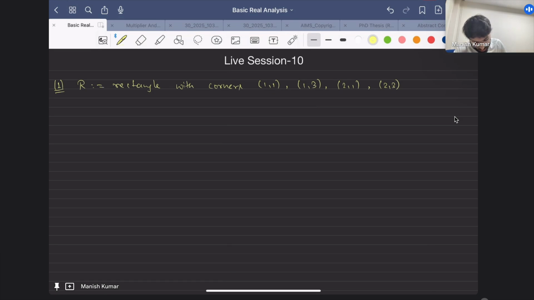And this is the function that you have been given, just x squared, and you have to evaluate these two integrals: the integral over R of x f(x, y) d(xy), and the integral over R of y f(x, y) d(xy). So this is a very elementary problem.